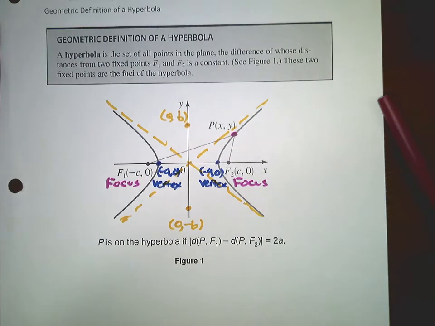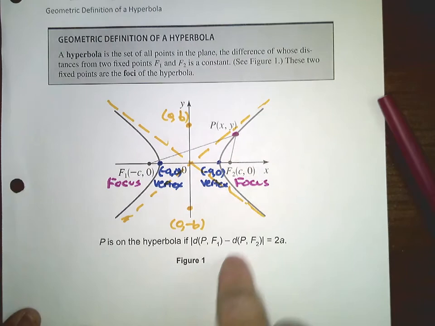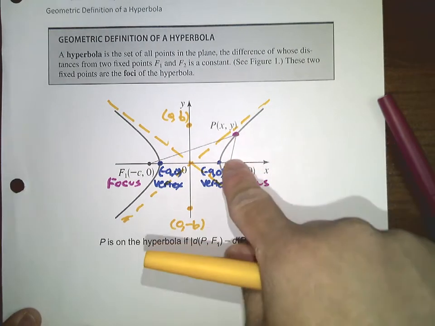All right, so the distance from P to F1 minus the distance from P to F2 will be 2a.